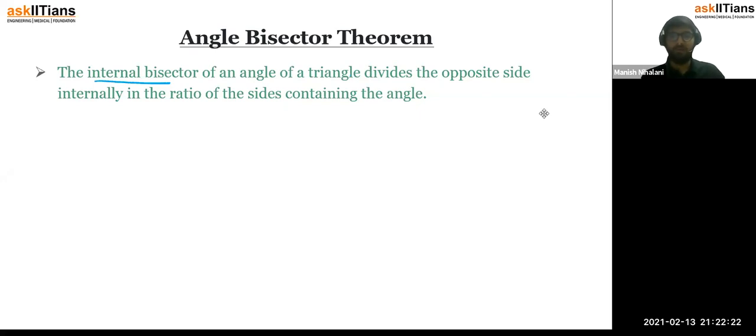So first we need to draw a triangle. In this triangle, let's name it ABC, the internal bisector of an angle.